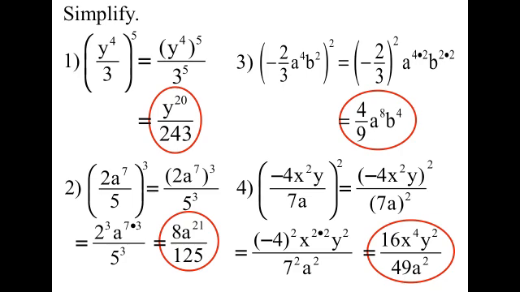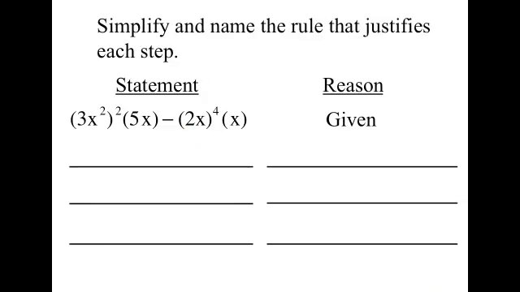Actually, let me read them to you. Number 1 is y to the 20th over 243. Number 2 is 8a to the 21st power over 125. Number 3 is 4/9, a to the 8th, b to the 4th. And number 4 is 16a to the 4th, y squared over 49a squared.